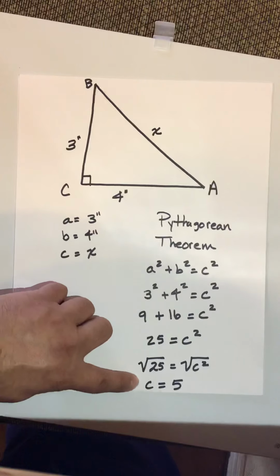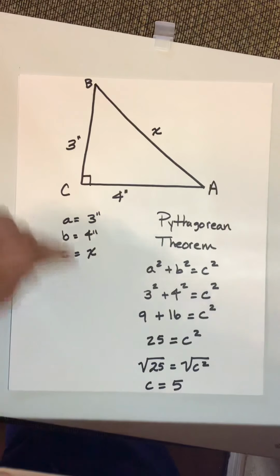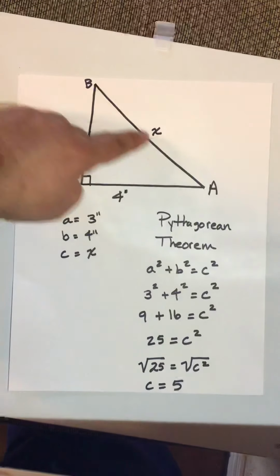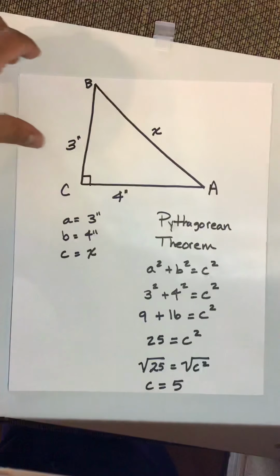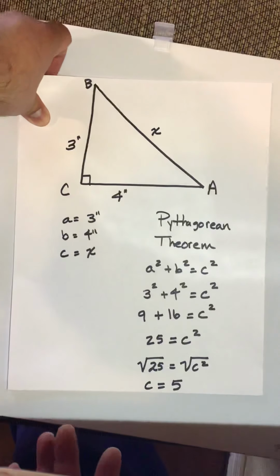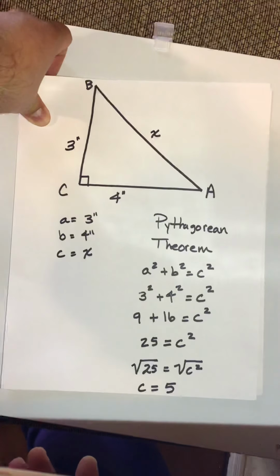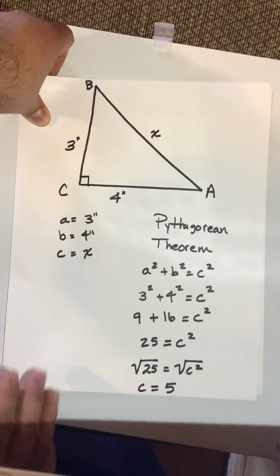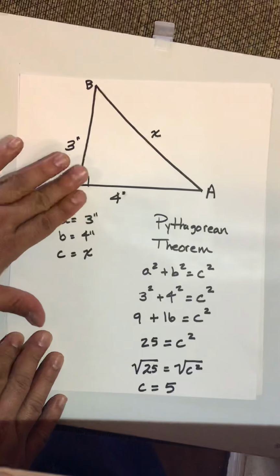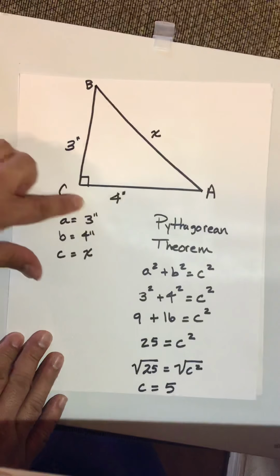Of course, this gives us 5. So this side's going to be 3, this side's going to be 4, and this side has to be 5. We call it a 3, 4, 5. And these are construction triangles they use. They're in industry. And the reason they use it is because if one side is 3, the other side is 4, right? Where they both meet at, that's going to be a right angle.